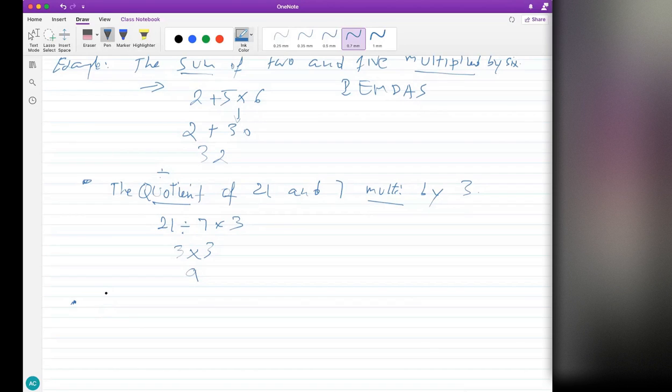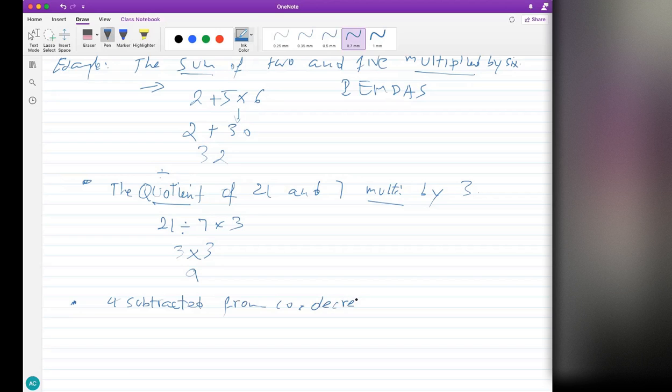So, for example, let's say 4 subtracted from 10 and decreased by, let's say, 3.